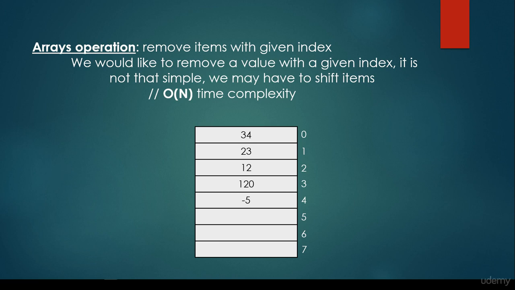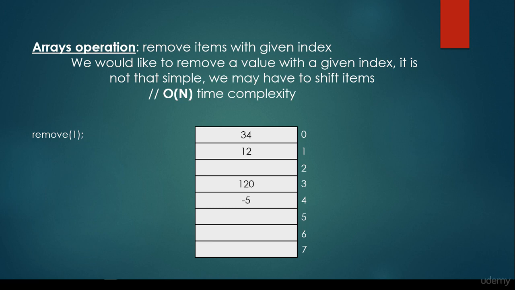Okay, but if we would like to remove a value with a given index, it is not that simple, because we may have to shift items. So that's why again, it's going to take linear time complexity to remove an item with a given index. For example, I would like to remove the item with the index 1. Okay, this is the index 1, I remove it, but then we have to shift these items because there is one value missing and it is forbidden to leave the array like this.